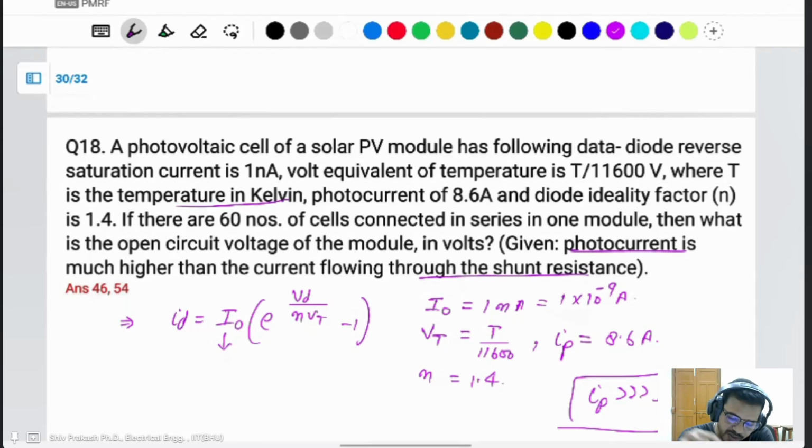There are 60 cells connected in series in one module. Then what is the open circuit voltage of the module in volt?